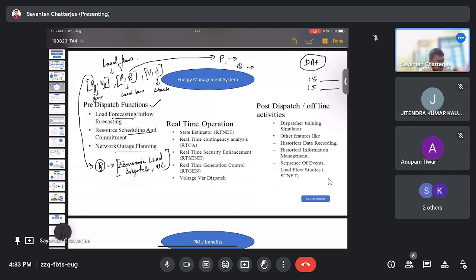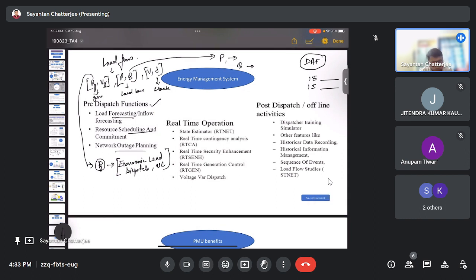When these schedules are performed, suppose if we perform this scheduling today, it has to be used tomorrow. So for tomorrow we will be performing this scheduling, and this PG and all these values we would be finding out for every 15 minutes slab, because every 15 minutes it's considered the loads do change.